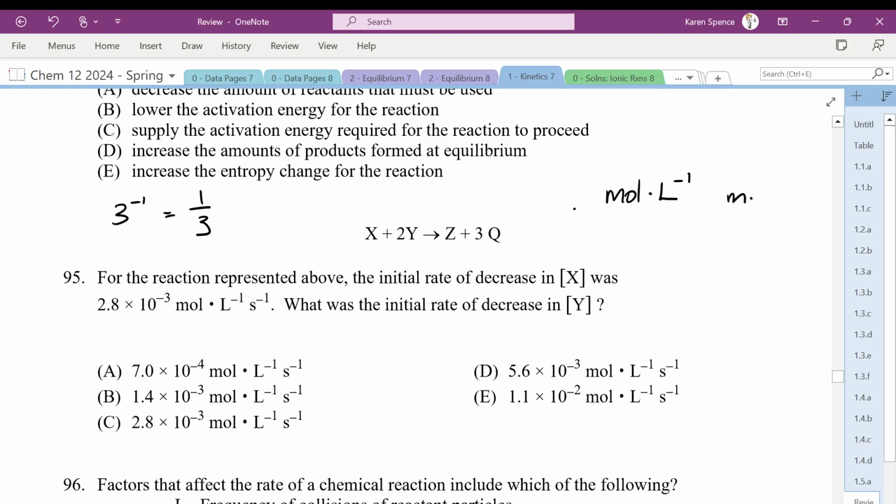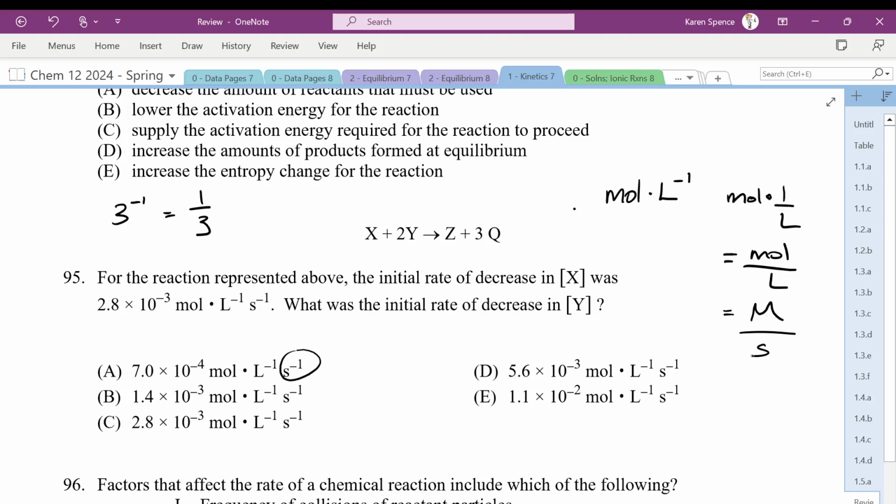So you would have moles times 1/liters, which is the same as moles over liters. So in other words, molar. And the same thing with the seconds. So you would have molar per second. Not that it really matters here because you're just doing ratios.